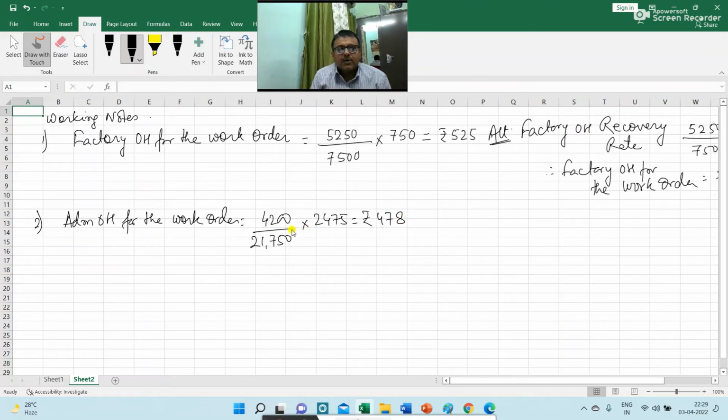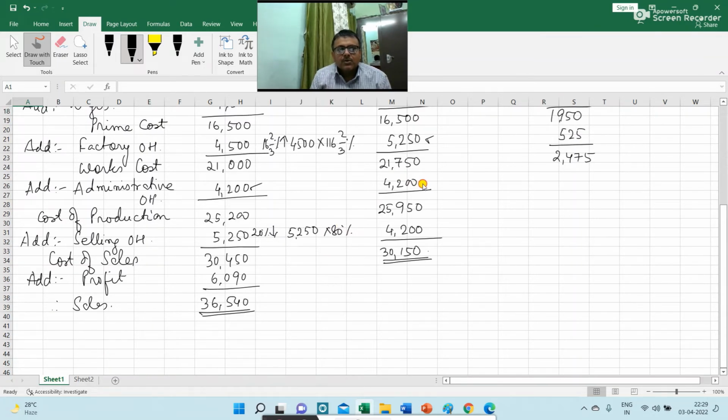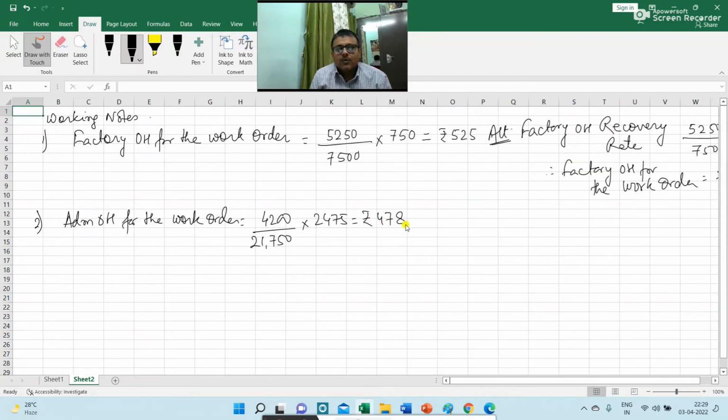Now let me explain where I have calculated these three figures from. 4,200 is the amount of administrative overhead in the anticipated cost of 2021. 21,750 is the works cost that we have calculated, and 2,475 is the works cost of the work order. So 4,200 divided by 21,750 multiplied by 2475. So you will get administrative overhead of rupees 478.